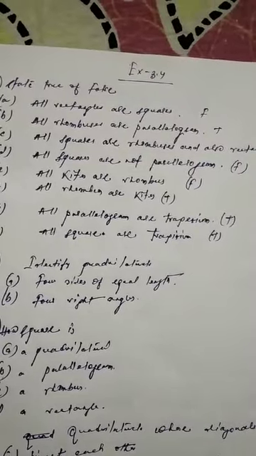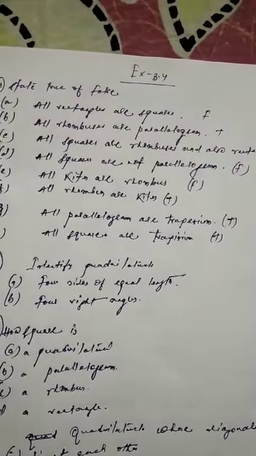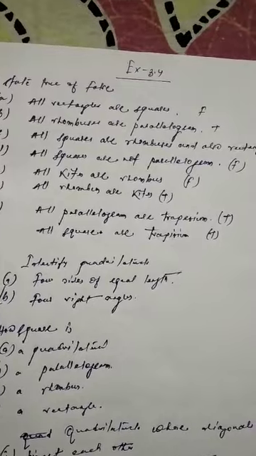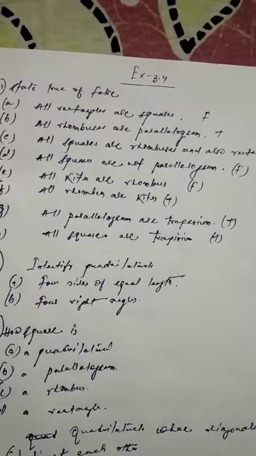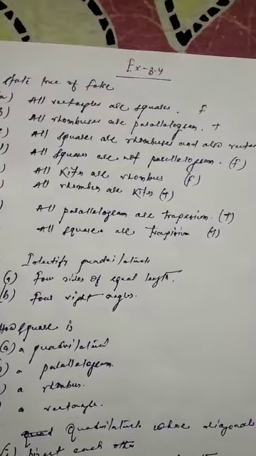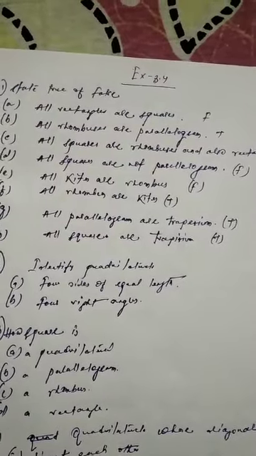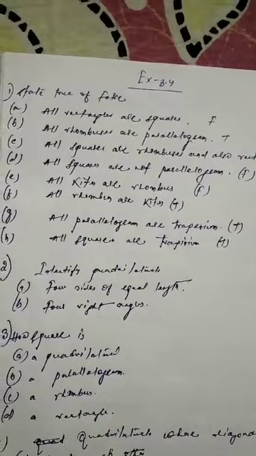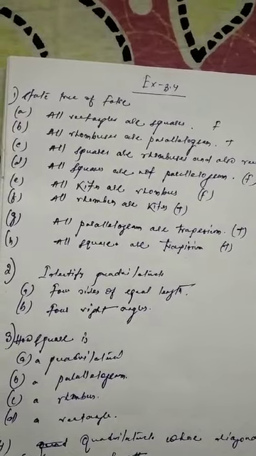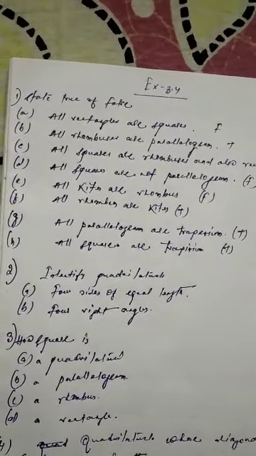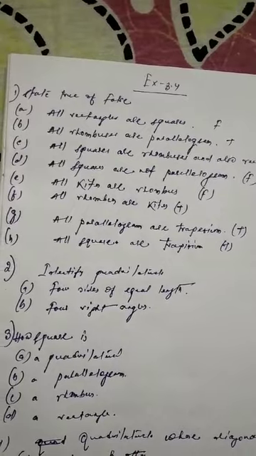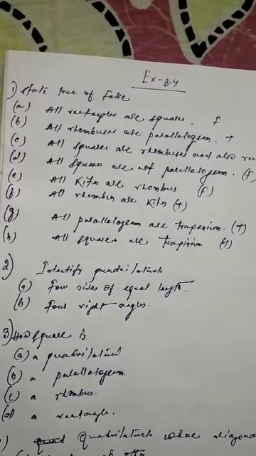Children, it might sound a bit confusing, but if you draw the diagrams and write down the properties, you will be able to understand where the differences are coming from. So in some regards we could say that all rhombuses are kites.